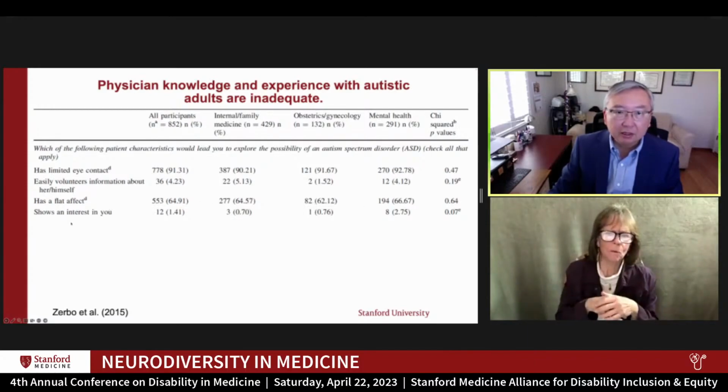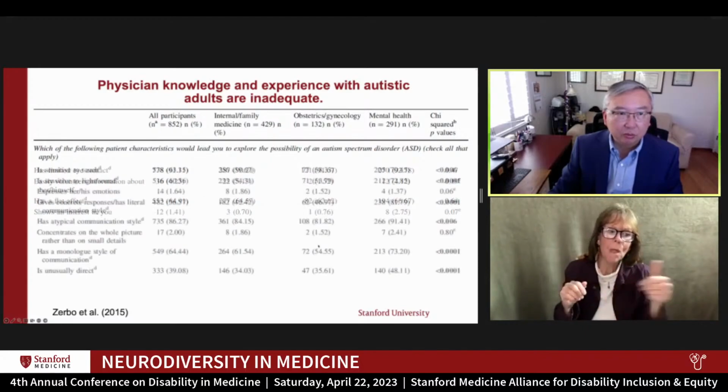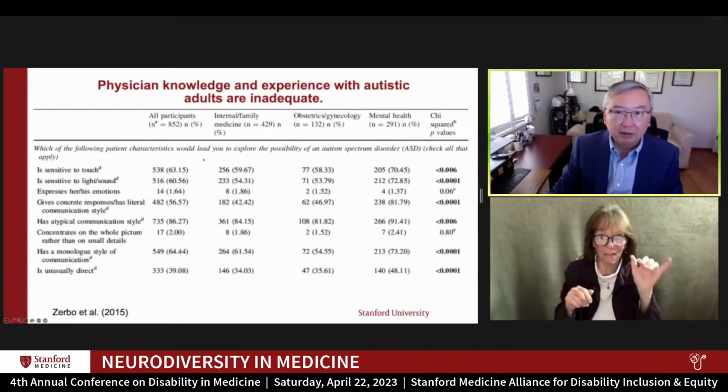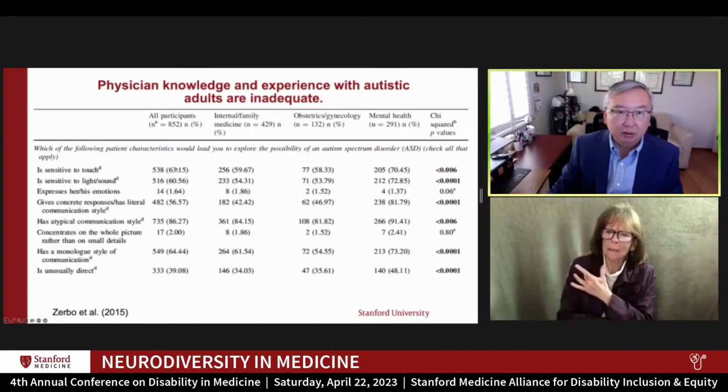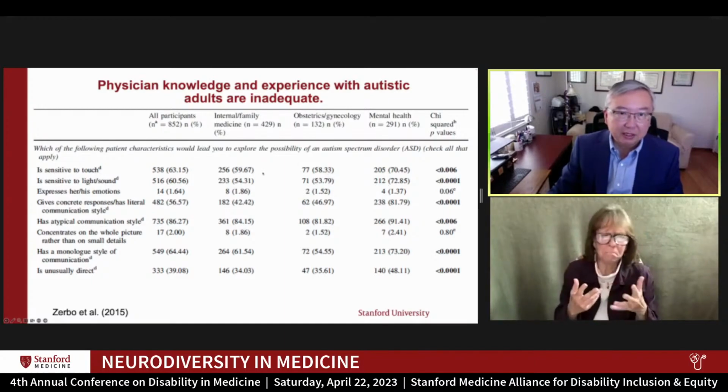And there are other questions with more alarming results, statistically significantly different between groups. When someone is sensitive to touch, less than 60% of primary care providers and OBGYN doctors would think there is a possibility of autism.